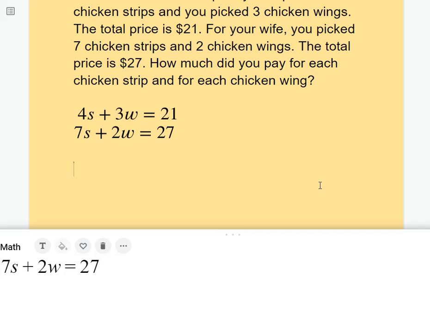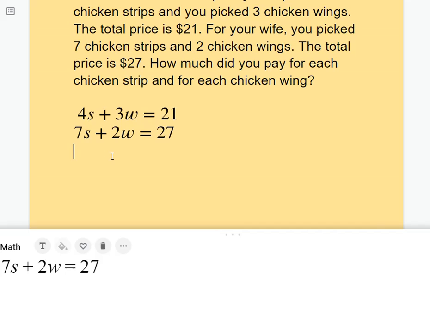You see how we form a system of 2 linear equations with 2 variables. The 2 variables are S for strip, W for wing, right? Now you see, it's similar to the one we solved before, so we can solve this. After we solve it, we'll get S equals something, W equals something.